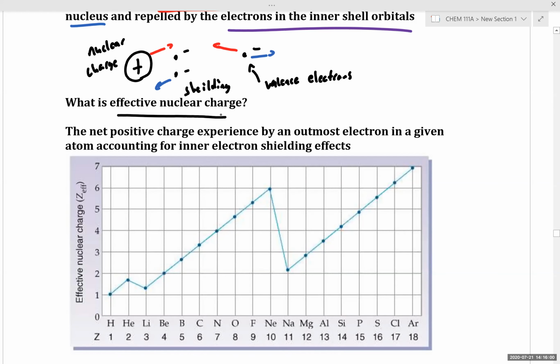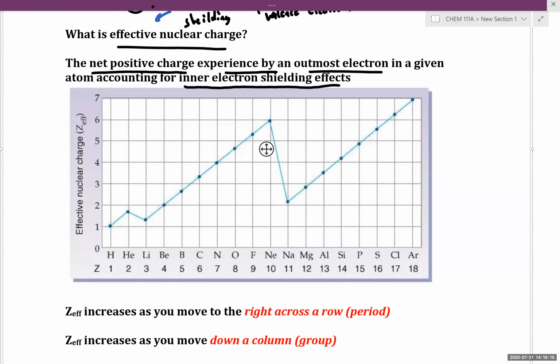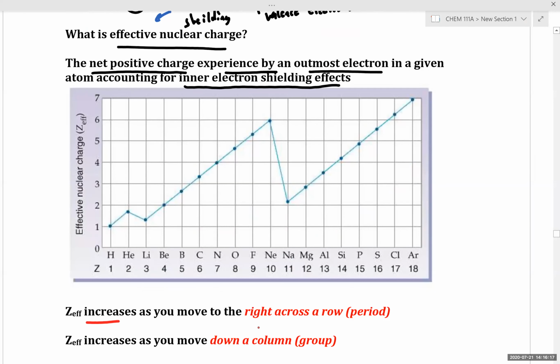Effective nuclear charge is a description of the net positive charge experienced by an outermost electron in a given atom, accounting for inner electron shielding effects. As we notice, effective nuclear charge increases as you move right across a row. We're adding more protons, right? More protons, more positive charge, greater effective nuclear charge.